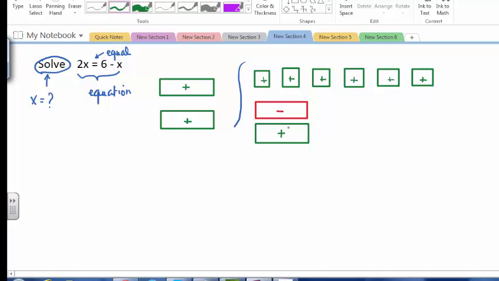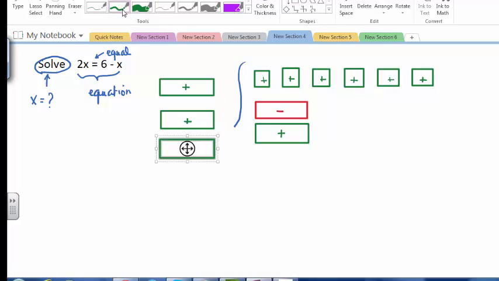Whatever I'm doing on the right side, I'm going to do on the left side, so no one can tell me that I'm changing something. Okay, so that means I have to add another positive rectangle on the left side.